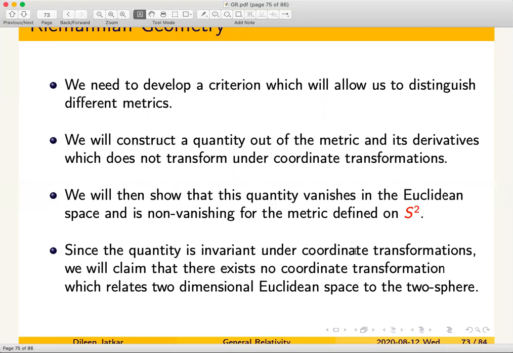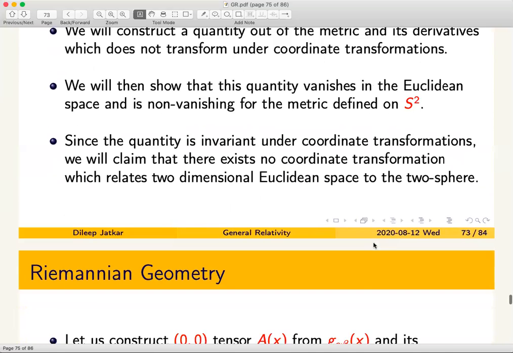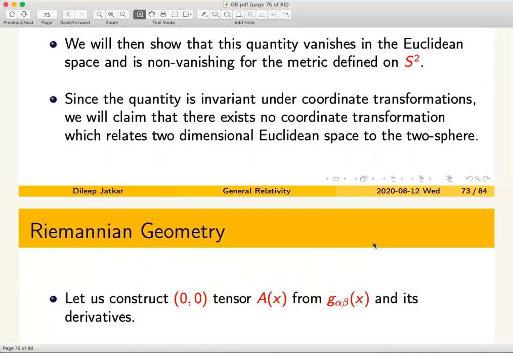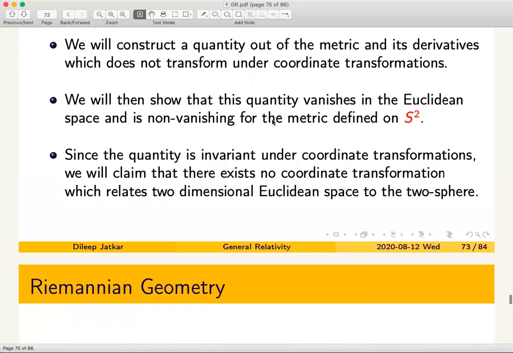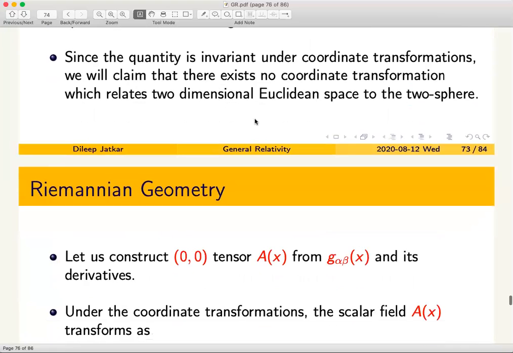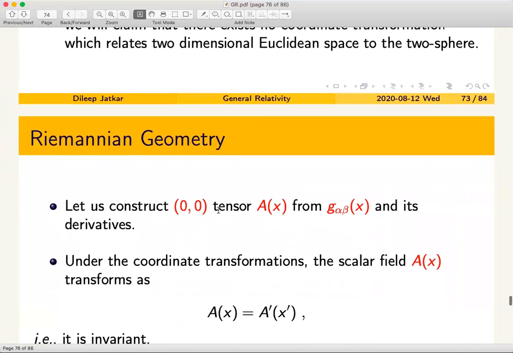So what we want to do is to look at components of the tensor and construct a scalar quantity out of them, such that under coordinate transformation that scalar quantity wouldn't transform. That is the reason why, in spite of saying that no vector or tensor transforms, that is not good enough as a distinguishing criterion between different classes of metrics.